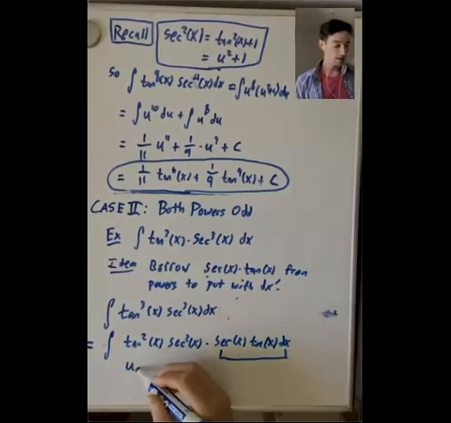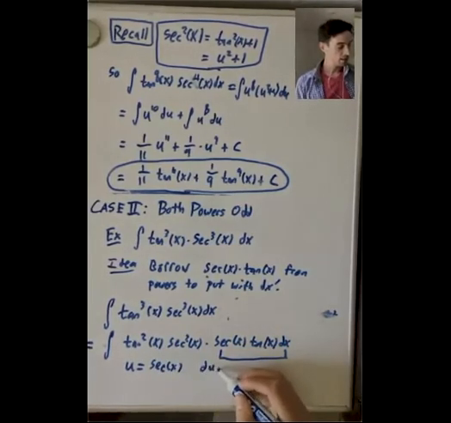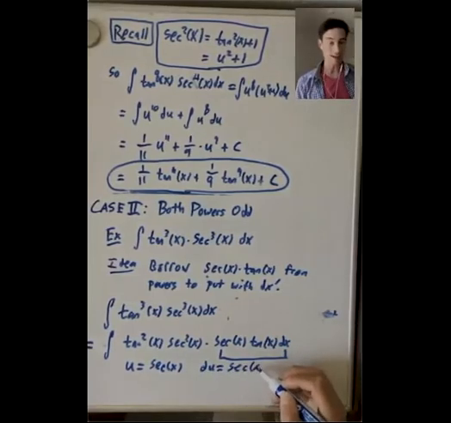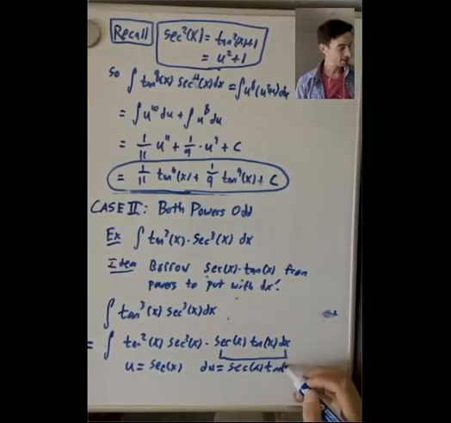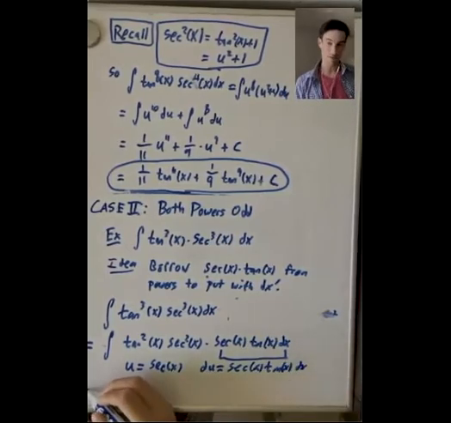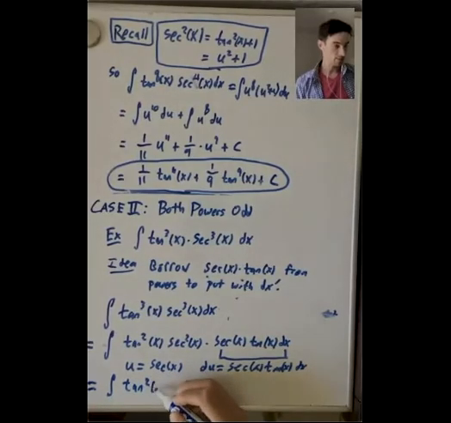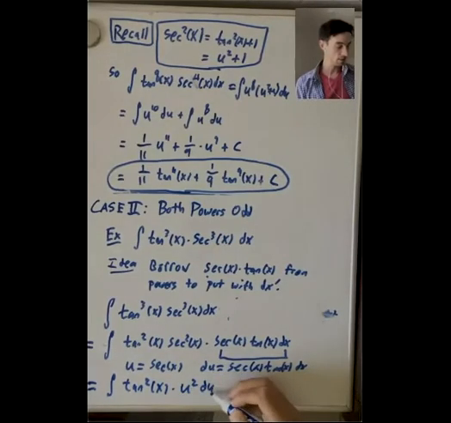Now, when we let u be equal to secant of x, du is exactly equal to this secant x tan x dx that we have right here. So the integral we want to solve is now equal to the integral of tan squared x times u squared du.